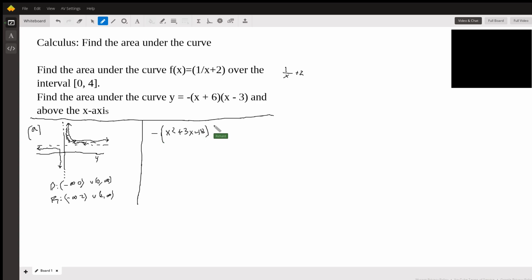And we know it's a parabola opening down, so we can do a nice sketch here. We know the zeros are at negative 6 and positive 3. So it's a parabola opening down, and it looks something like this.